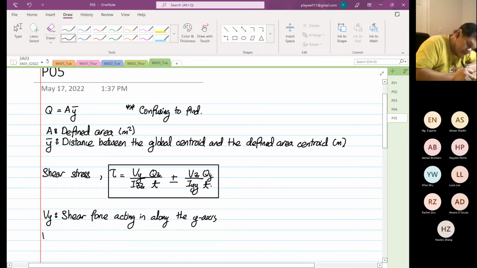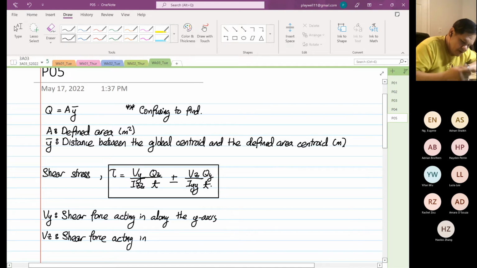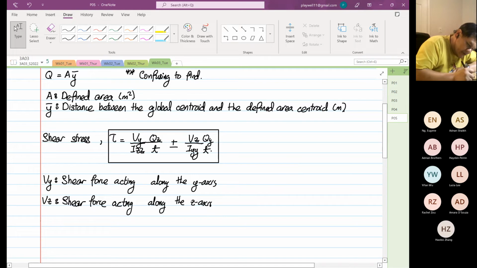Vz is the shear force acting along the z axis. Now I'll indicate T is the thickness of the cross section.